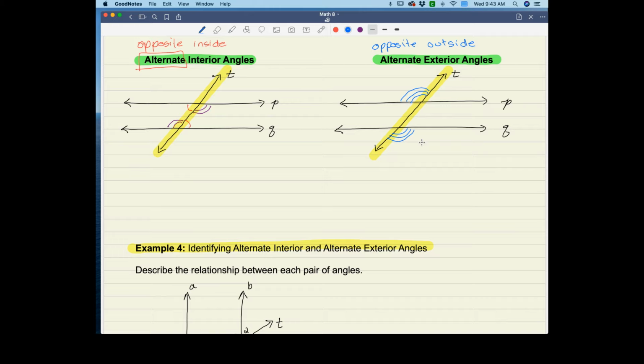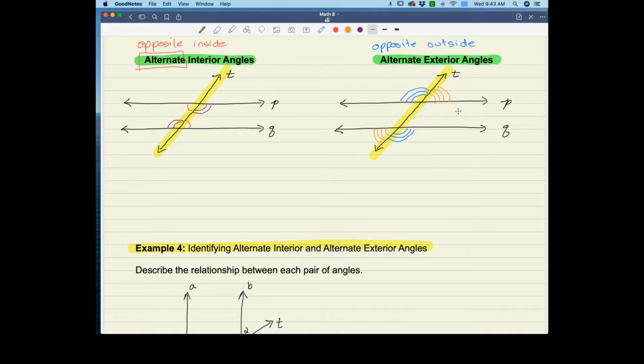Those are alternate exterior angles. And then there is yet another pair of alternate exterior angles. Again, you're going to have one on the left side, and then the other one is going to be on the right side. So you can see your alternate interior and alternate exterior angles.